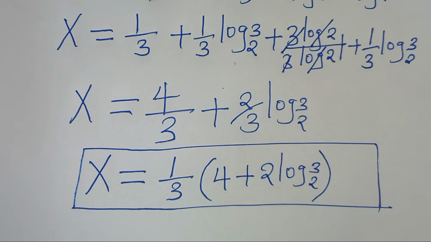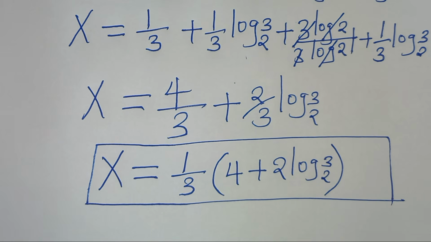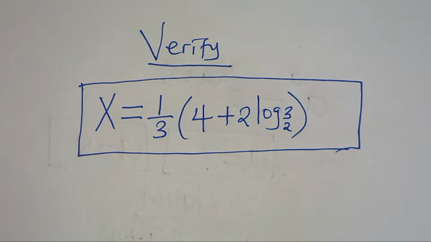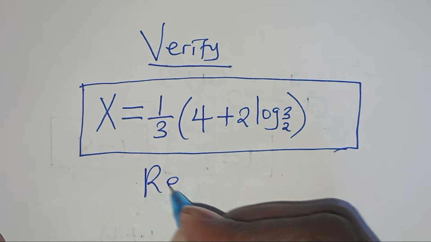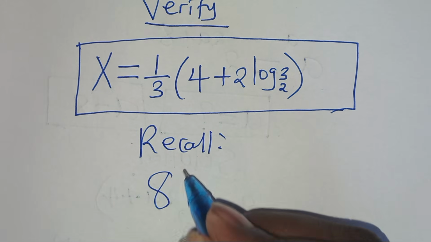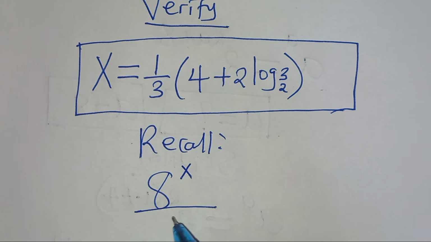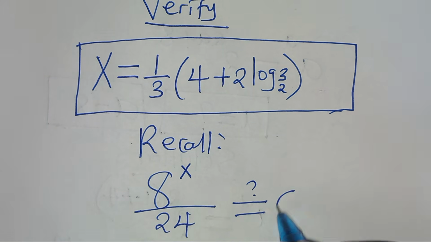So the next step is to verify that this value of x here satisfies the equation. If you recall, we have that 8 raised to the power of x divided by 24 is supposed to give us a value of 6.